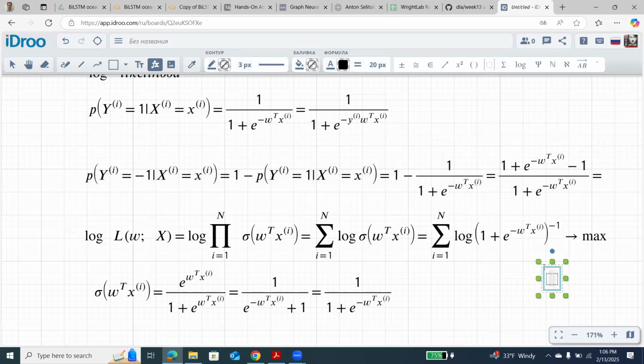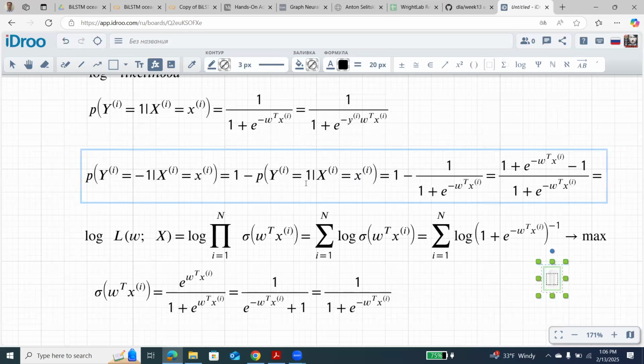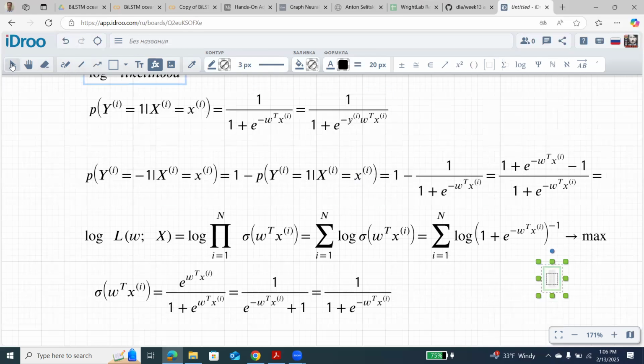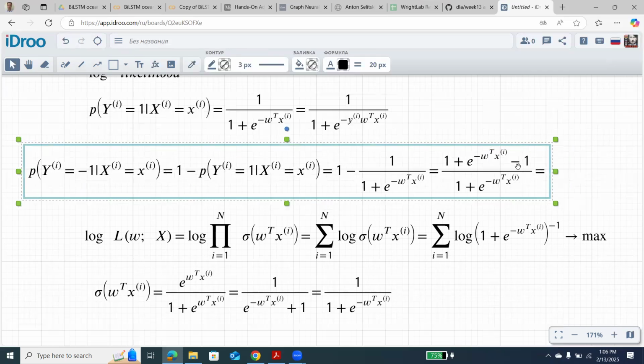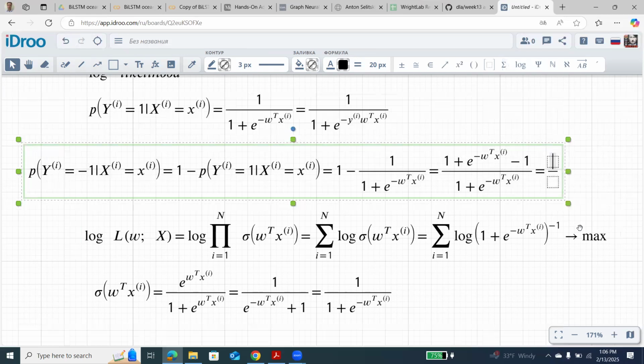Then ones will cancel out. And finally, I will divide by numerator.